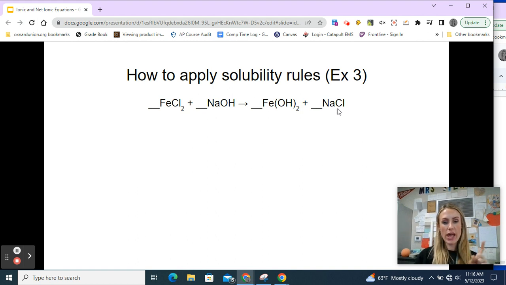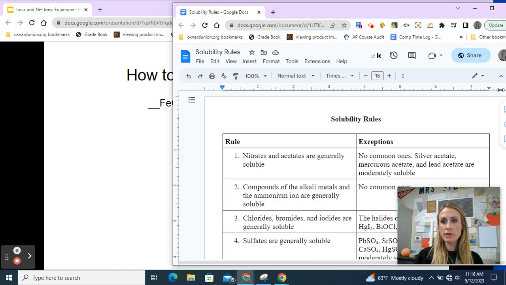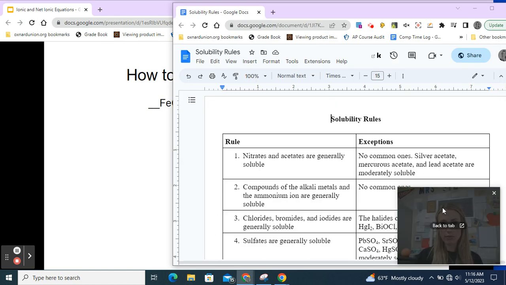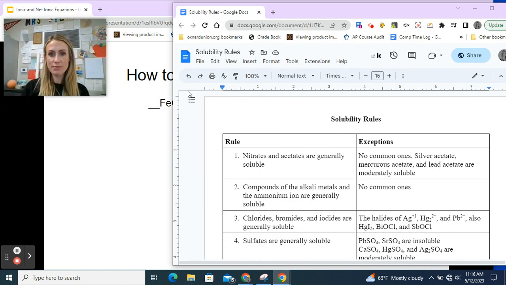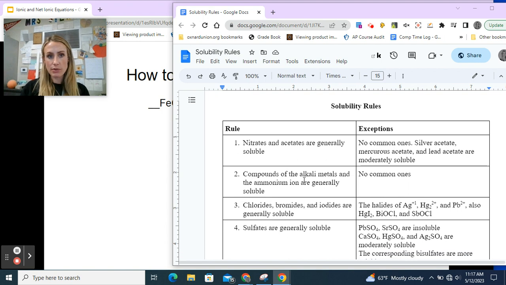Now, with our solubility rules, we're going to take these one by one and look them up on the table. So let's start with iron 2 chloride here. Our solubility table looks like this. Again, we're looking at iron 2 chloride first. Rule number 3 says chlorides, bromides, and iodides are generally soluble.